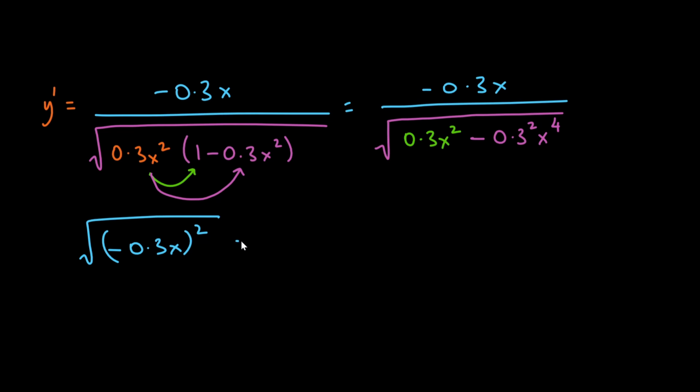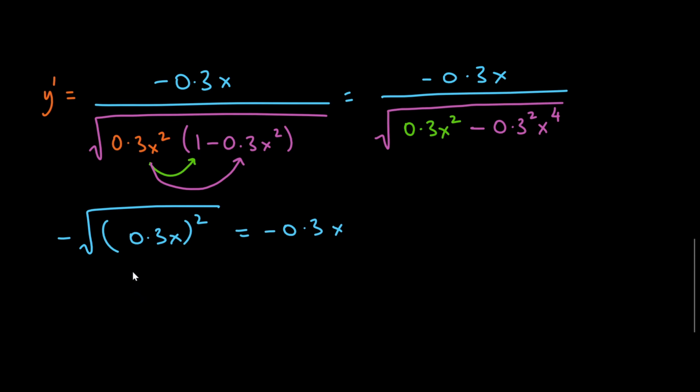Now this is still equal to 0.3x, negative 0.3x. Nothing really changes. I should remove this negative to the outside. Nothing changes here. It's still the same thing. But in this way, I can bring this term inside the square root. So this is what I'm going to do.